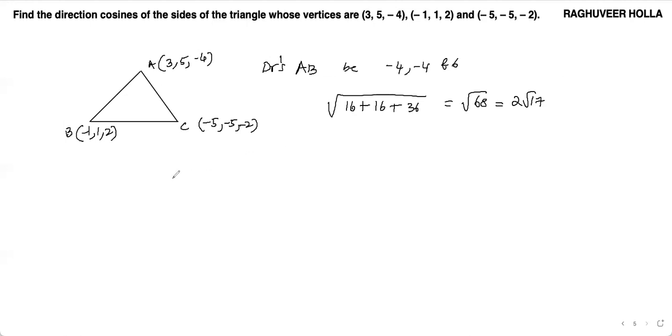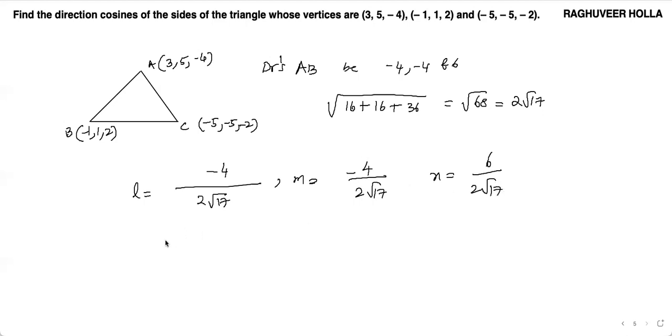So L will be minus 4 by 2 root 17, and M will be minus 4 by 2 root 17, and N will be 6 by 2 root 17, which is equal to minus 2 by root 17, minus 2 by root 17, and N, which is 3 by root 17.